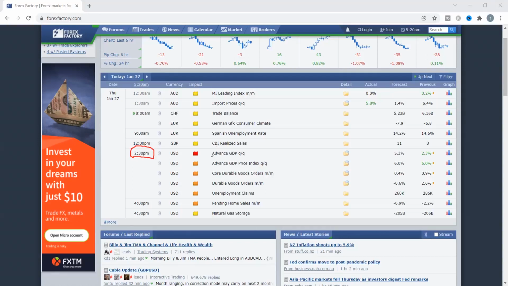And of course, this is the advanced GDP, right? So we can have some volatility, right? As it's a high impact news for the dollar. But don't forget, the FOMC most likely has already played out, right? But let's see how this also plays out later today.